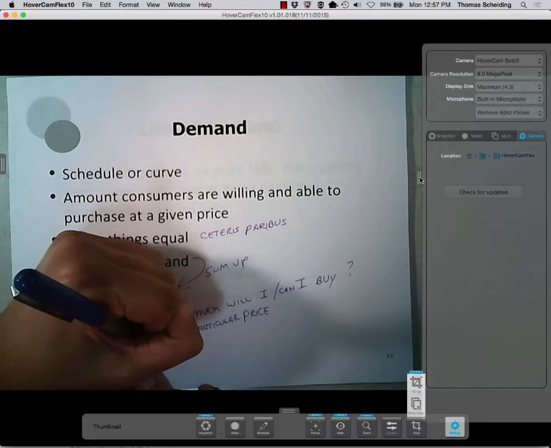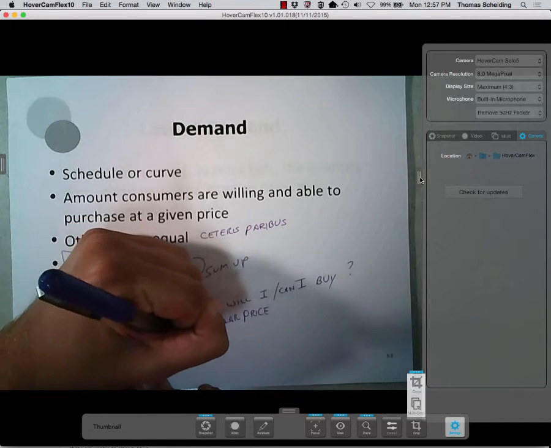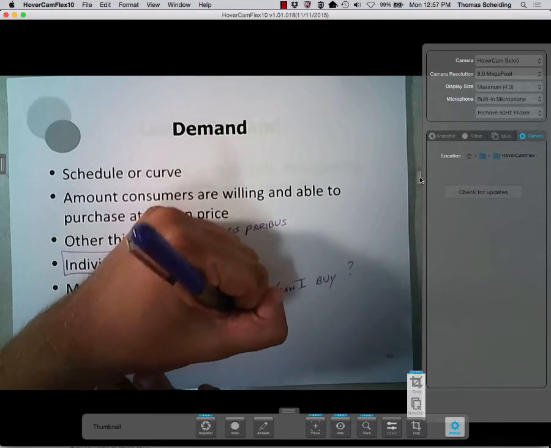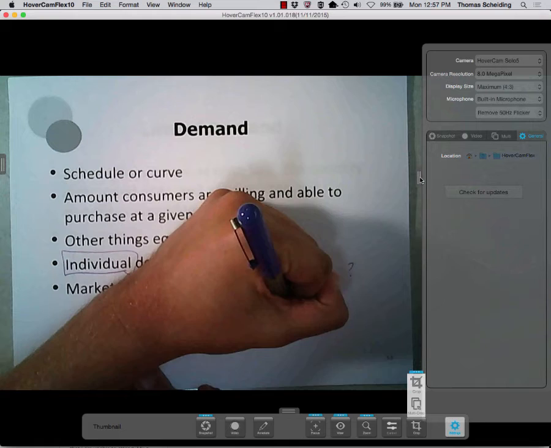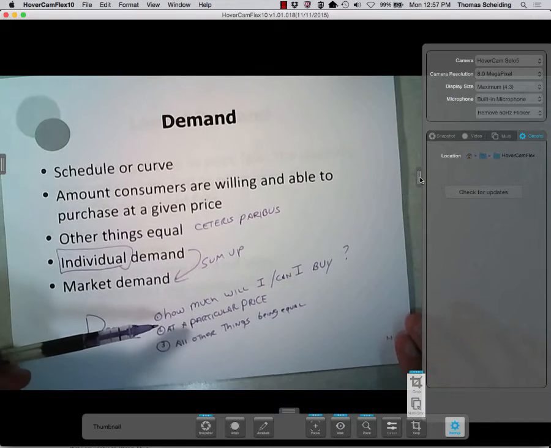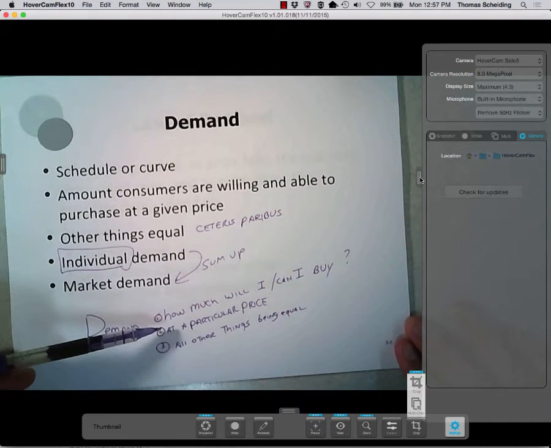There's a second part of this. And then the third part of this is all other things being equal. So the definition of demand, which is consumers buying stuff, is really a three-part definition. And here's how I want you to think of it again. It's the question of how much will I or can I buy?